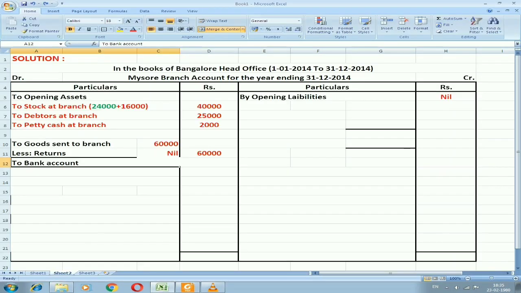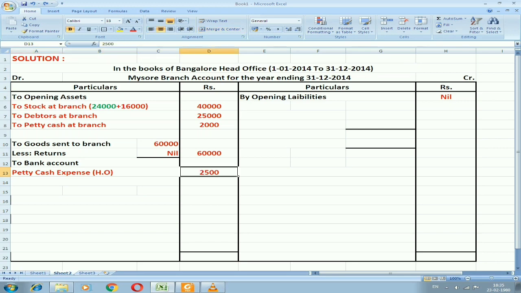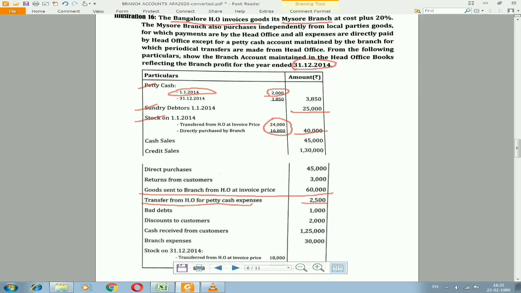Under bank account, petty cash expenses paid by head office, amount of rupees 2,500. Apart from that, we have one more expenditure which is made by the branch itself, that is branch expenses, amount of rupees 30,000. Again you can see the sentence in the above question, that payments are by the head office and all expenses are directly paid by the head office except for the petty cash account maintained by the branch, for which periodical transfers are made by the head office.